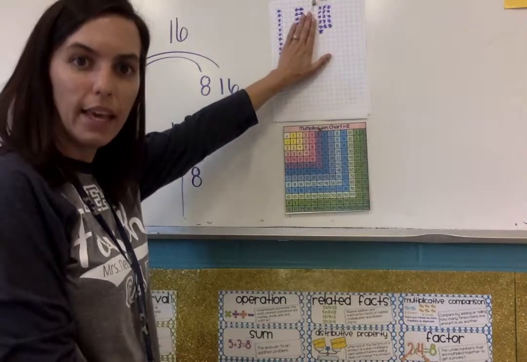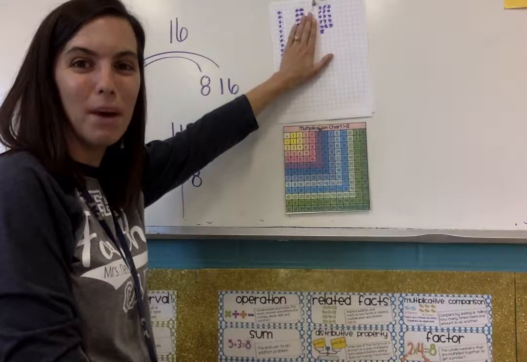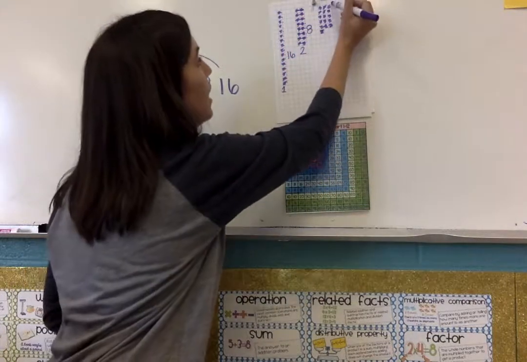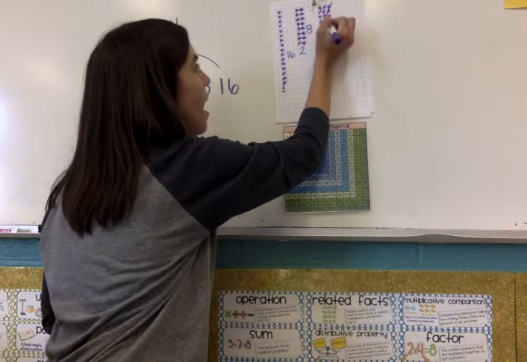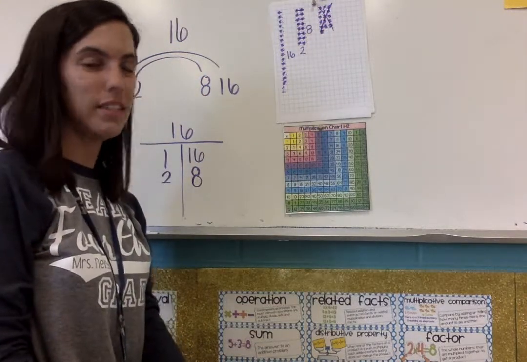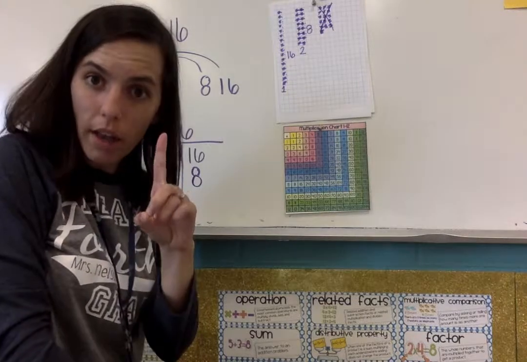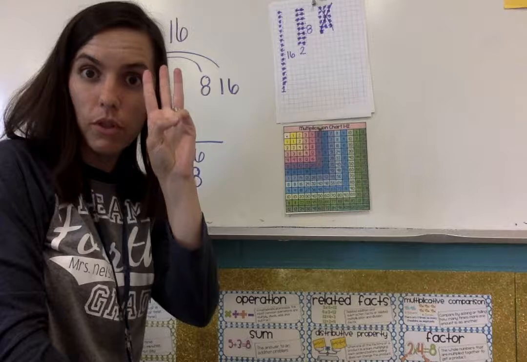Did this make an equal rectangle? No, we're missing some. So this tells me that 3 is not a factor of 16. Okay? So we tried 1 column, 2 columns, 3 columns.